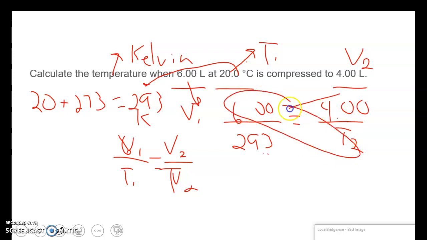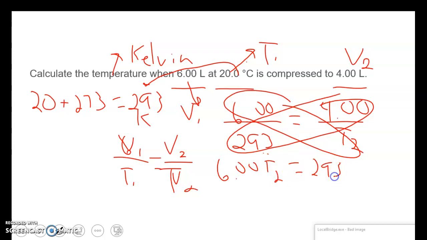I cross multiply this. So I take 6 times T2, which is 6.00 T2, and I take 293 times 4, which when I do that math gives me 1172.